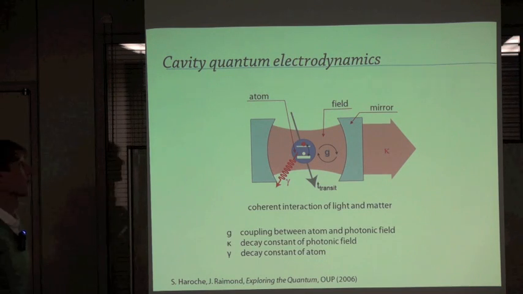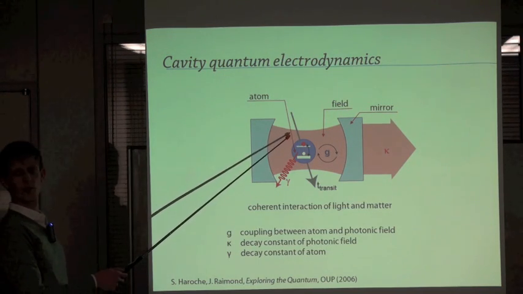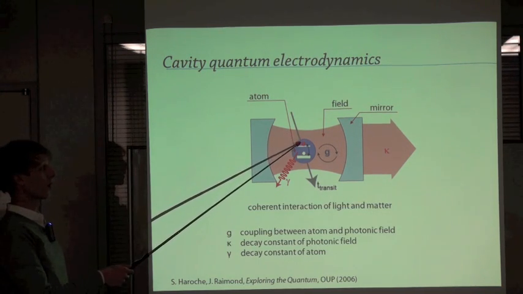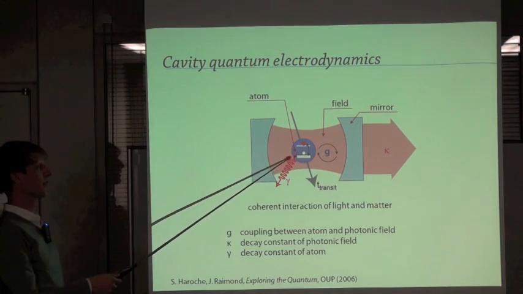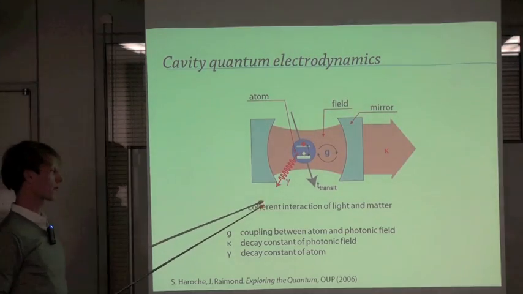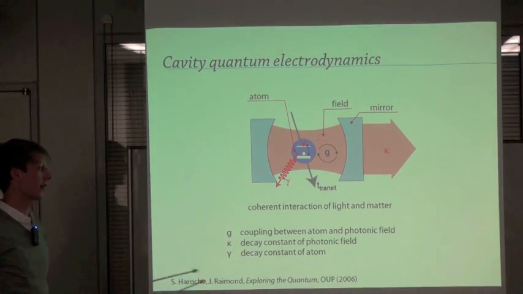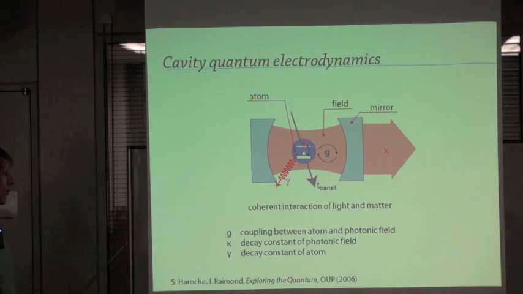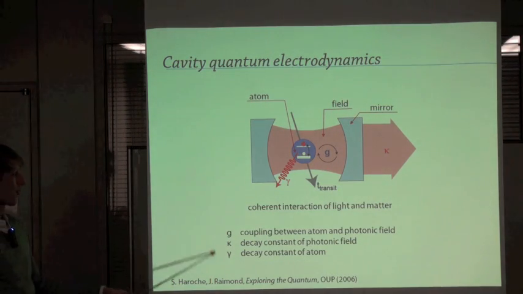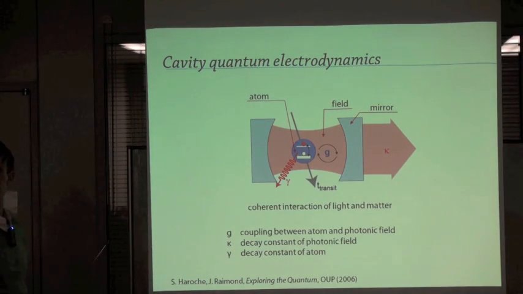Lastly, if the atom is excited, after some time, the excitation will be lost. It will decay to its ground state, thereby emitting a photon. And gamma is the decay constant of this atom. So what we want to do is get those parameters in the right regime so that we can do something like quantum computation or quantum optical experiments.